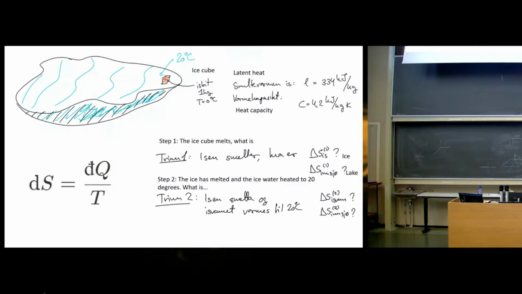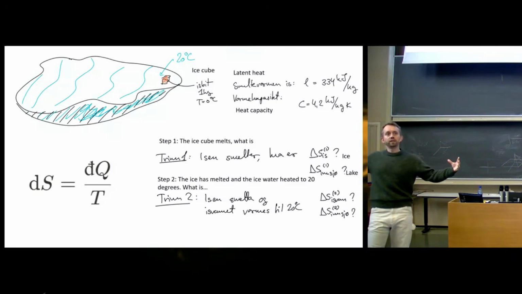So, how do we do this? This is the formula, right? It tells us if I add some heat to the system and divide by the temperature of that system, then the entropy of that system is going to change by this amount. So essentially, when the ice cube is in the lake, it's going to receive heat energy from the lake, right?